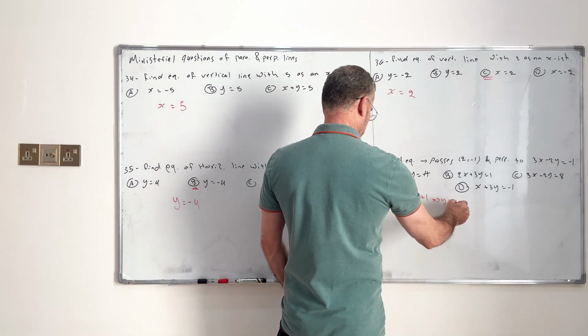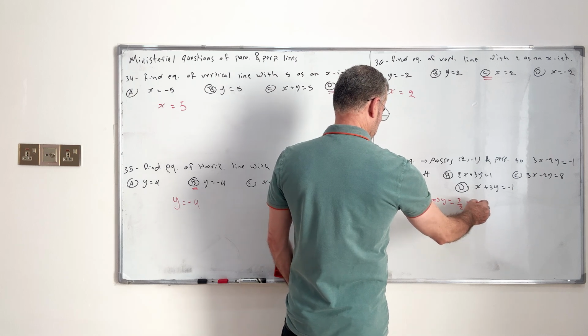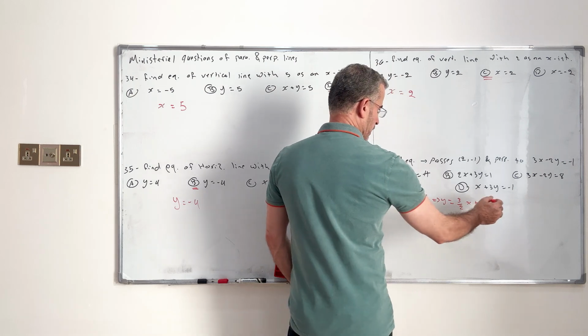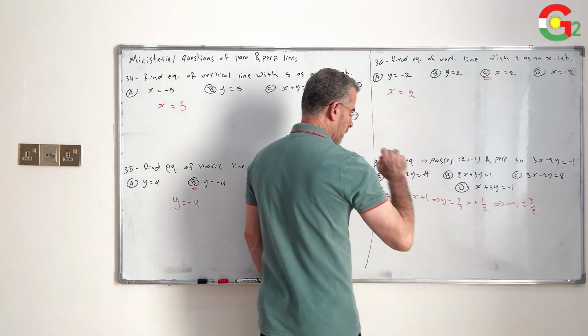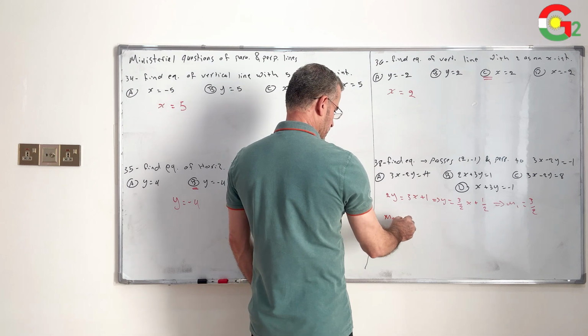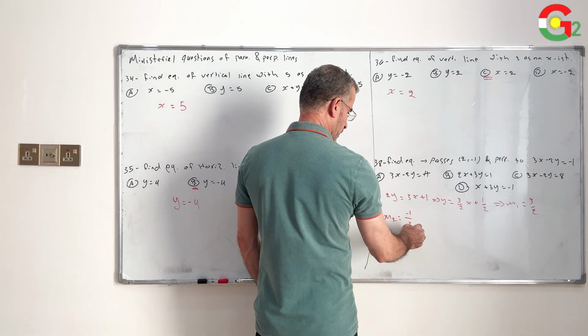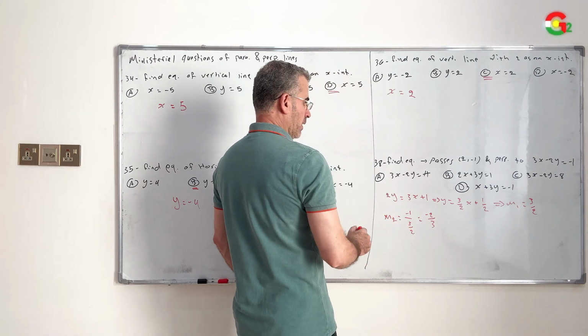Then divide both sides by 2: y = 3/2 x + 1/2. Then the slope is 3/2. The slope of the needed line is -1 over 3/2, which is -2/3.